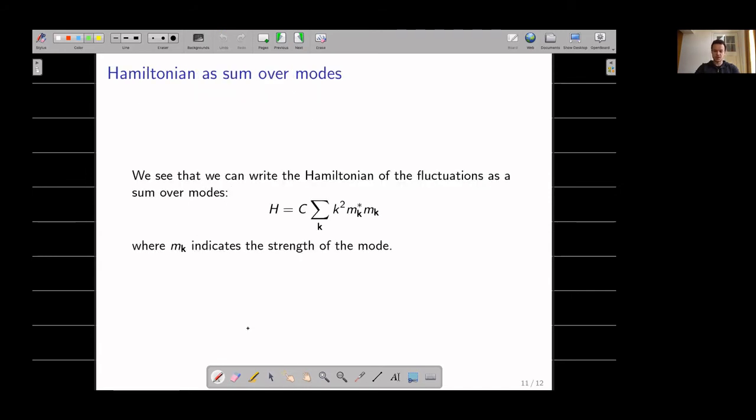So this is very much similar to those fluctuations of the Hamiltonian in the xy plane, which is a sum over all modes k. And you can see every mode is weighted with k squared, and then mk indicates the strength of this mode.